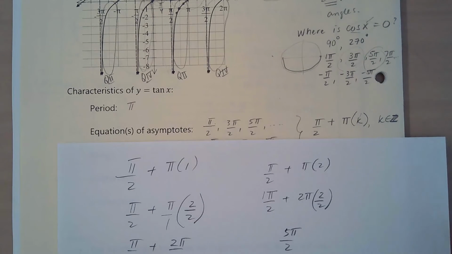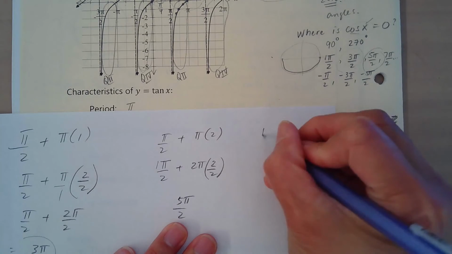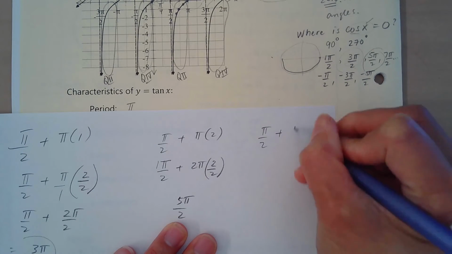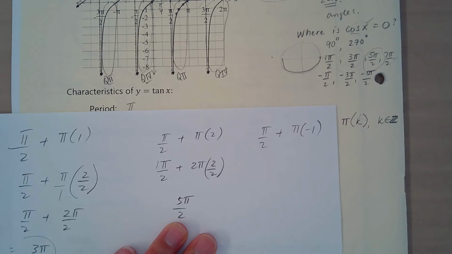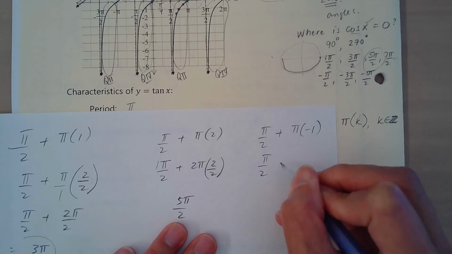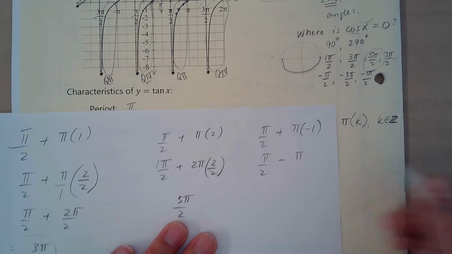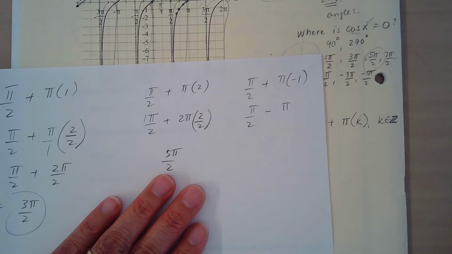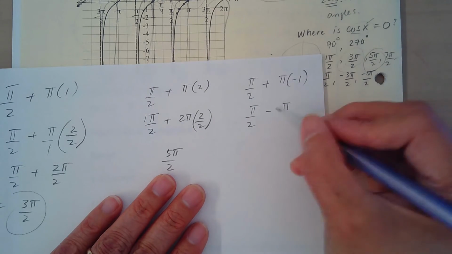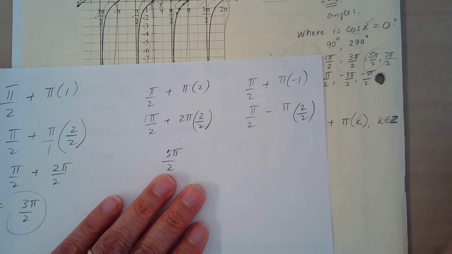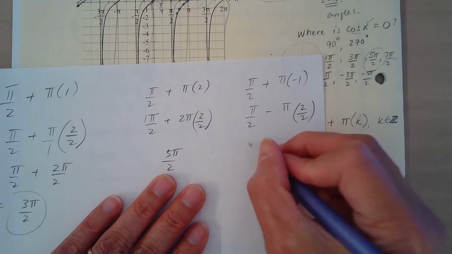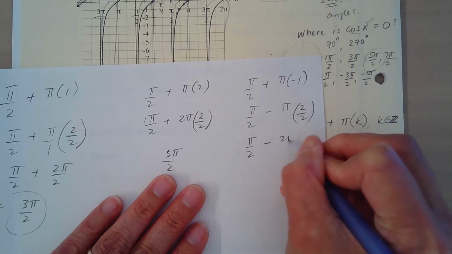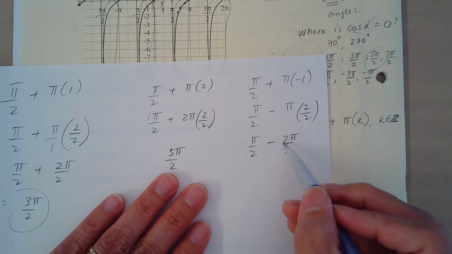And if you go to negative 1, let's see. Pi halves plus pi times negative 1. Well, we can't subtract these two unless they have the same denominator. So I'm going to multiply by 2 halves. This is going to be pi halves minus 2 pi halves.